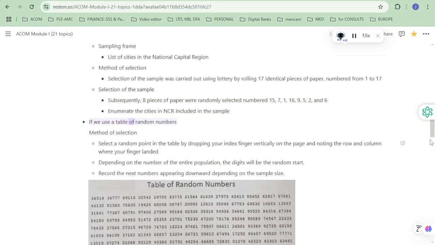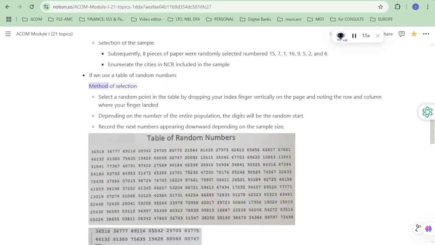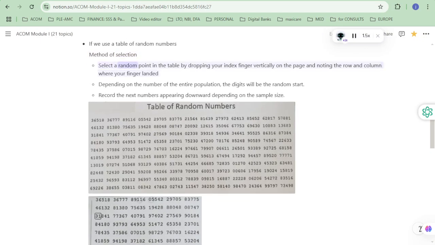If we use a table of random numbers. Method of selection: select a random point in the table by dropping your index finger vertically on the page and noting the row and column where your finger landed. Depending on the number of the entire population, the digits will be the random start. Record the next numbers appearing downward depending on the sample size.